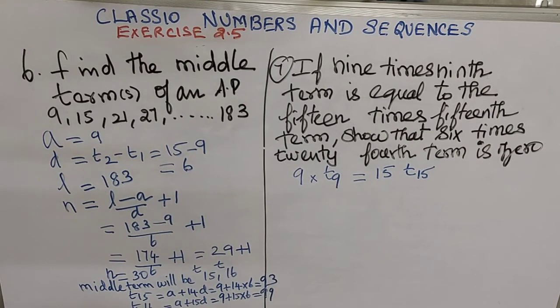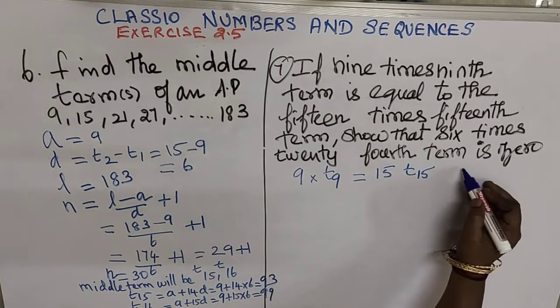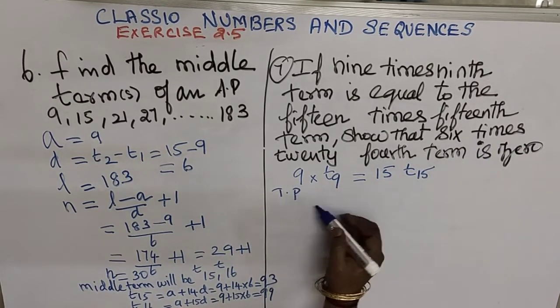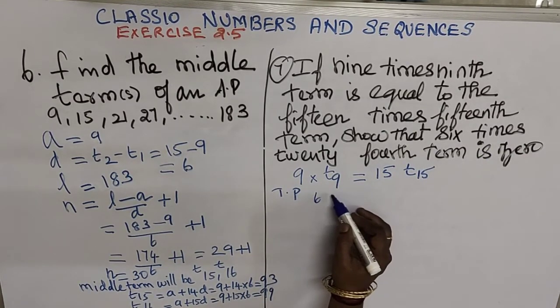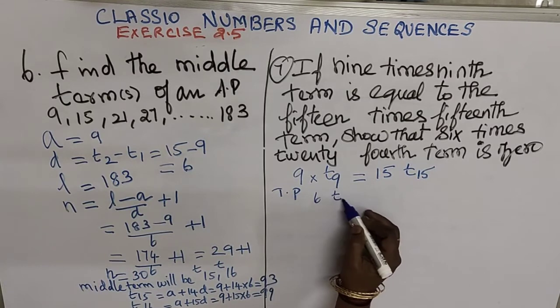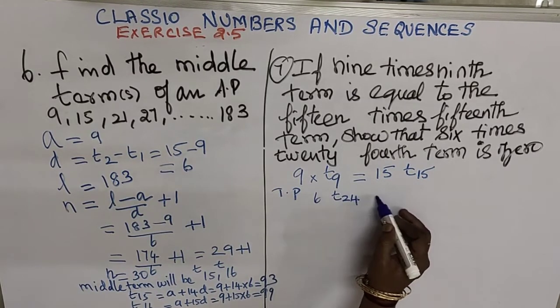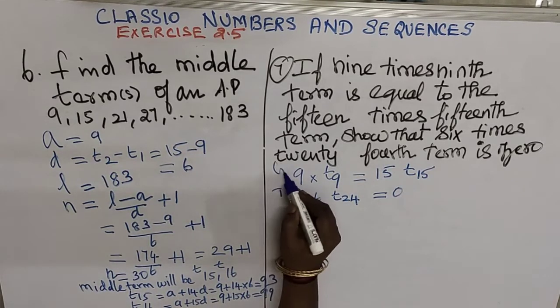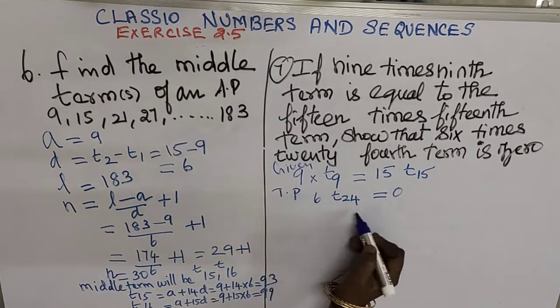We have to prove that 6 times the 24th term, T24, is equal to 0. This is given and this is to prove.